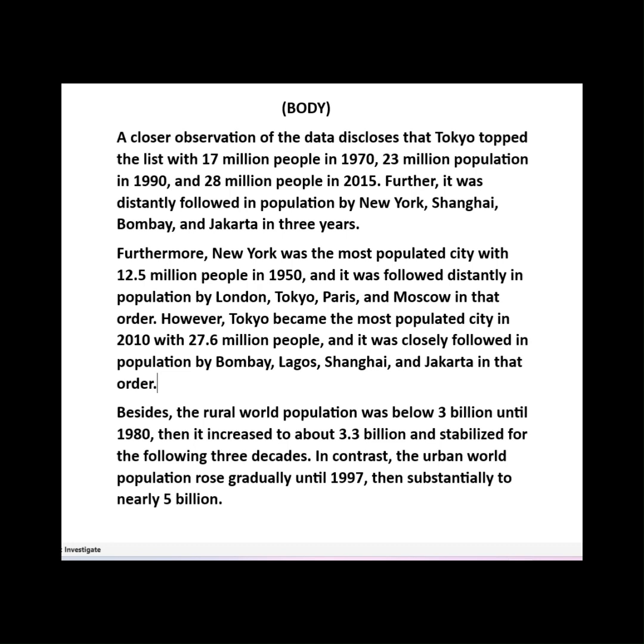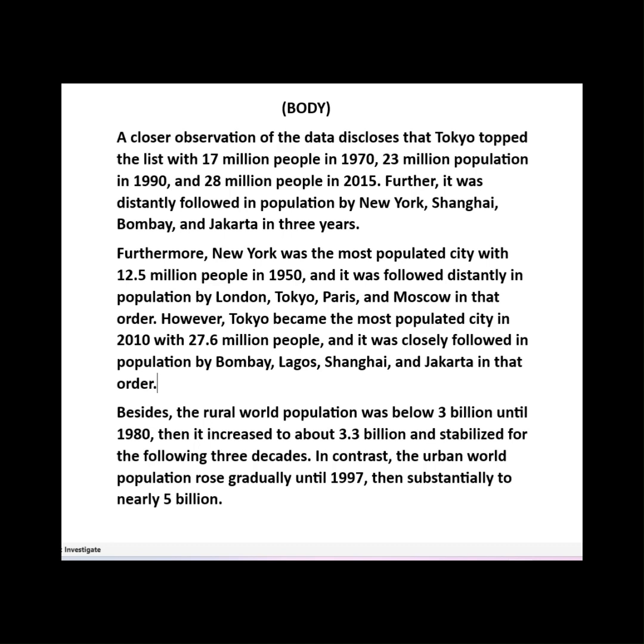Actually we write two paragraphs only in the body of the report, but this question contains a lot of information and there are three charts. We have done three paragraphs to make it easy. Okay. Besides, the rural world population was below 3 billion until 1980. We are doing the third chart. Okay. That is a line graph. Then it increased to about 3.3 billion and stabilized for the following 3 decades.